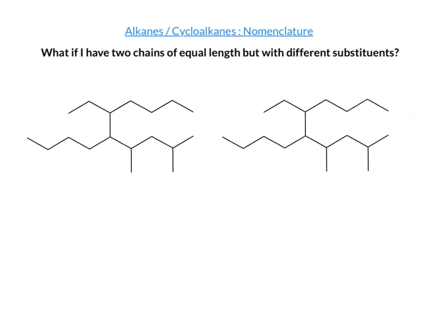Let's see now a more complex case in which we're going to have the same number of carbons. So in this case, let's measure it first. We see that here we can have 1, 2, 3, 4, 5, 6, 7, 8, 9, 10. So in this case, we're going to have 10 carbons.